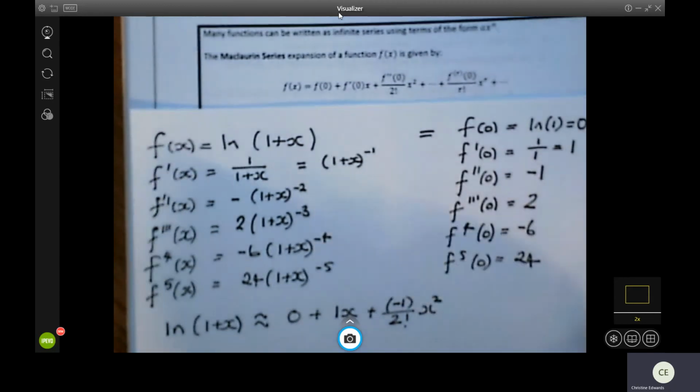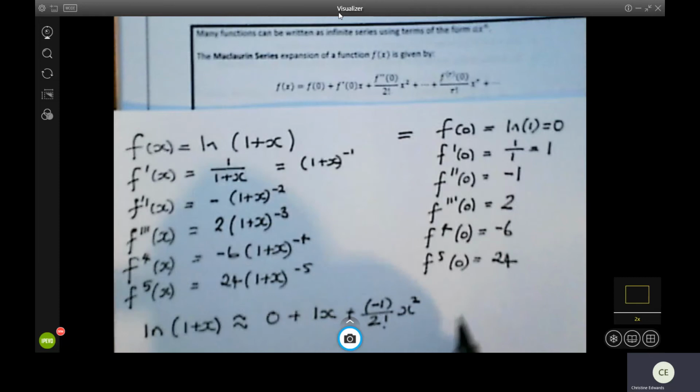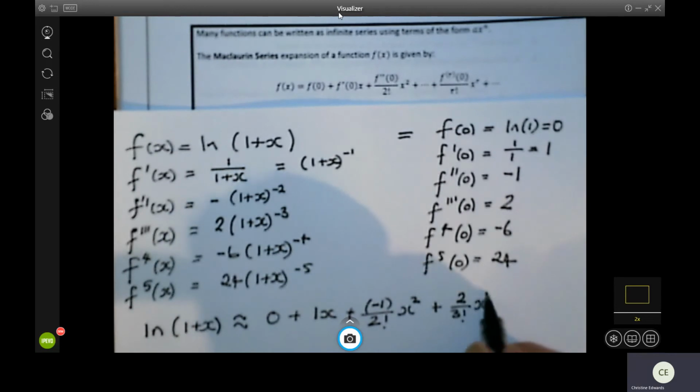And the pattern continues. So it will be the third derivative, which is 2 over 3 factorial x cubed.